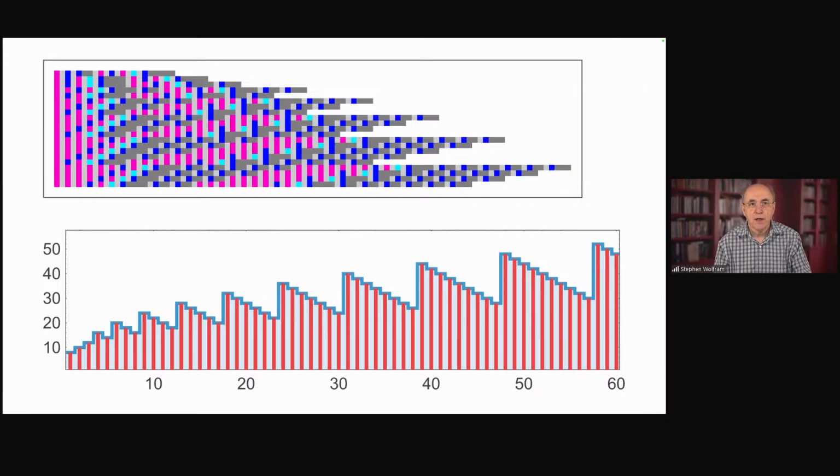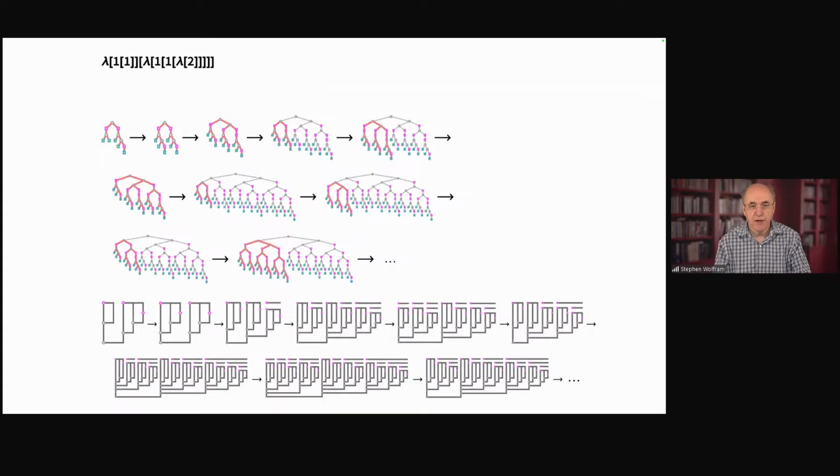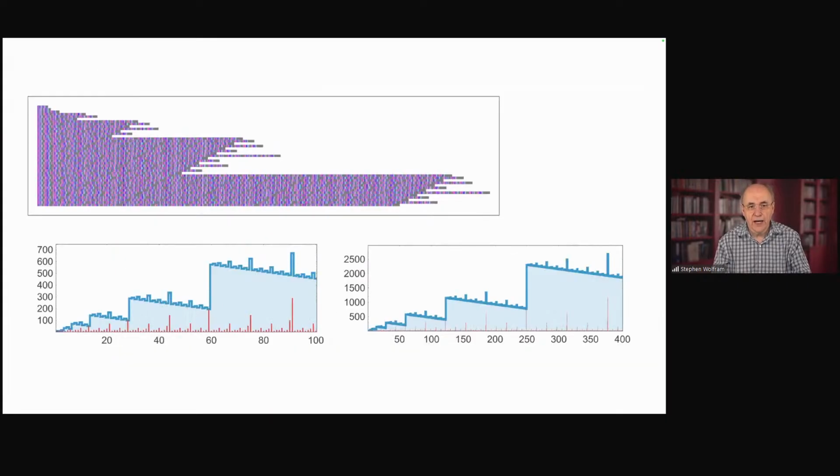Well, there's more elaborate nested behavior in this example here, where now the envelope of those nested sort of fractal pieces grows linearly with t.